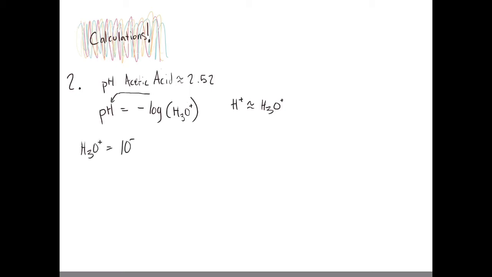P is a negative log. So if we rearrange this equation, all you have to do is take 10 to the negative power of the pH. So your H3O plus concentration at equilibrium is 10 to the negative 2.52. Okay, this equals 0.00301995.